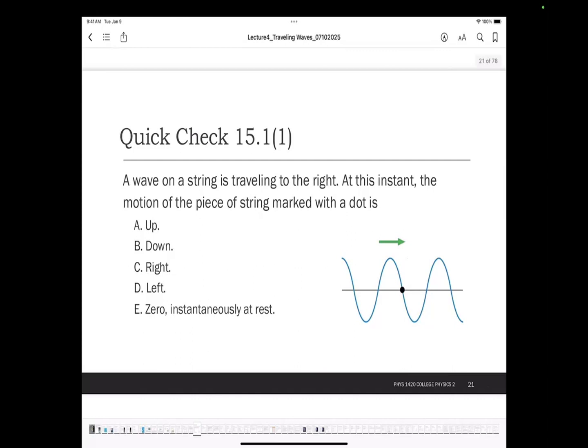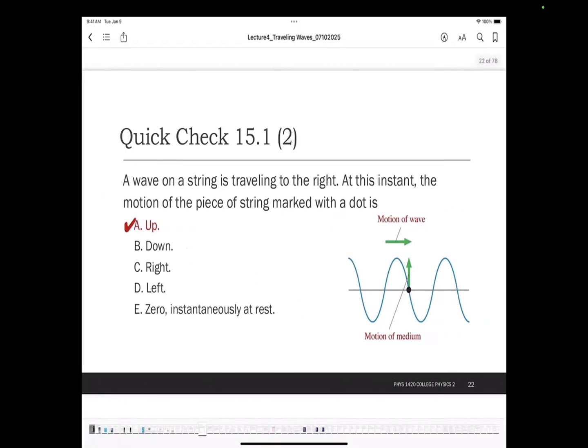If the wave travel direction is this one, at this instant, is the motion of the piece of string marked with this dot up or down? Because you can see it travels like this, this one is easy to find. It will be up.